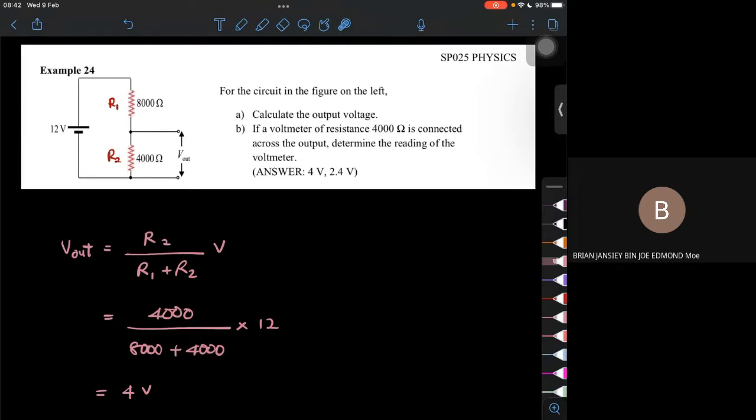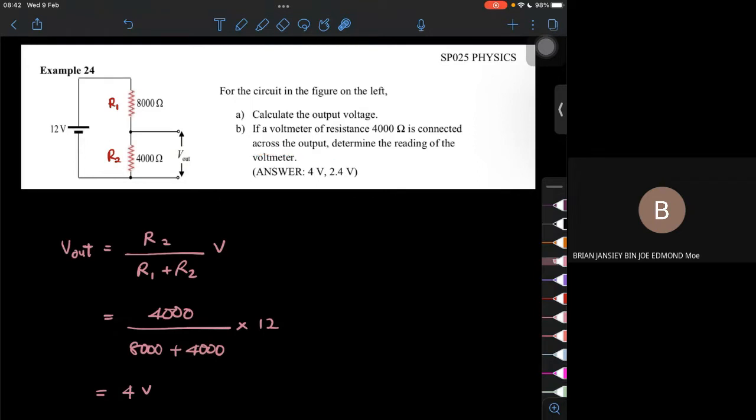Is it here? In between? Anyone have an idea where? Near V out. Because it says here it is connected across the output.